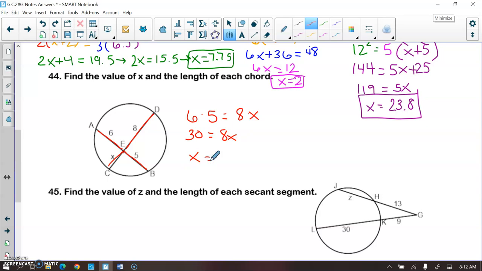Dividing by 8 on both sides, I get x is 3.75. They also want you to find the length of each chord. So the length of this chord is 6 plus 5, or 11. And the length of this chord is 8 plus 3.75, which is 11.75.